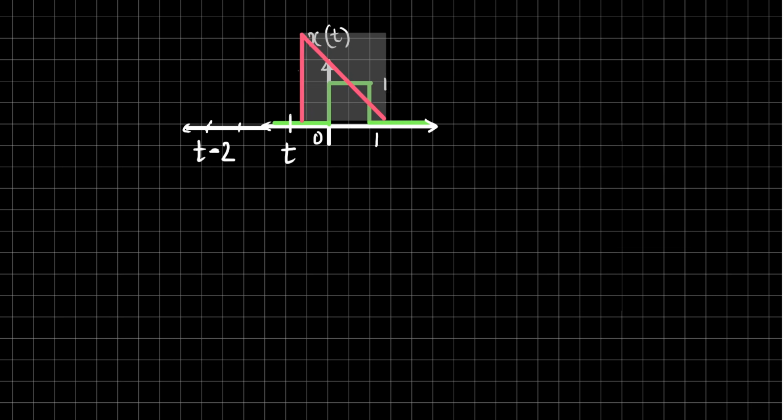So let's consider the case somewhere here. Now this overlap will be having the range from, you can see here, we're considering this overlap.